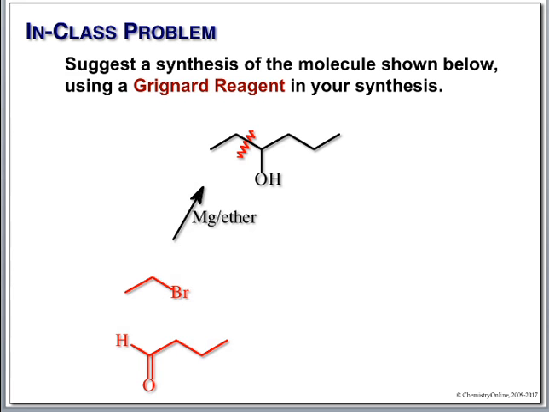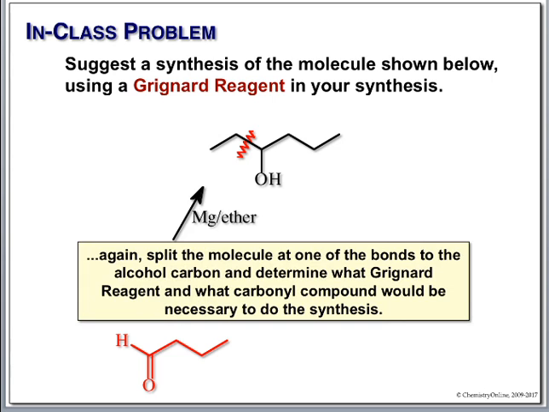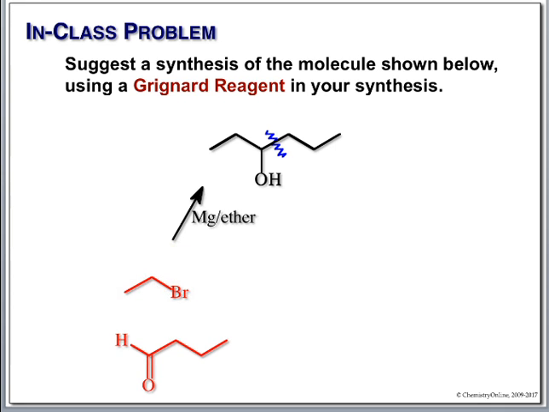To the other side. Now our Grignard part has 1, 2, 3 carbons.